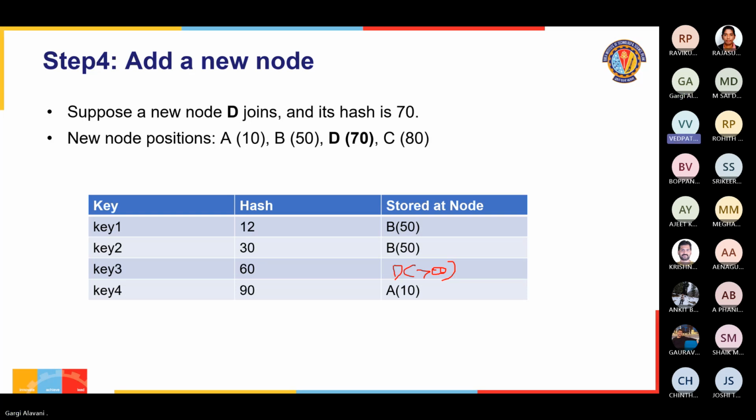We already had that hash value 60 stored on node C earlier. Now we are storing it on node D, which is 70. What happens with the value which we have already stored on node C in this setup?